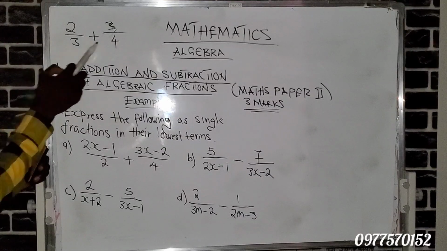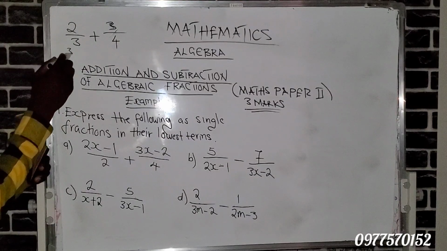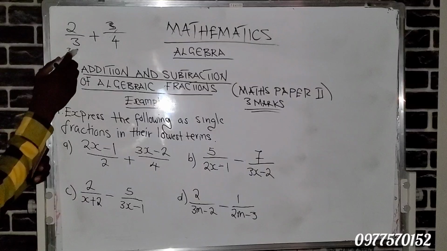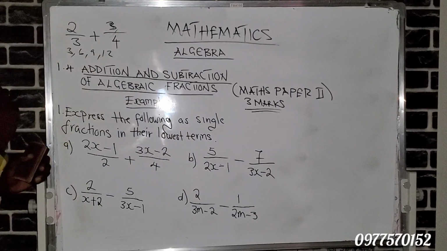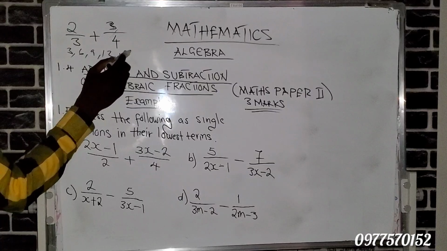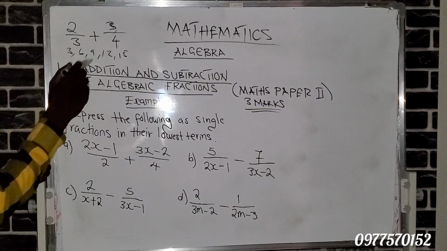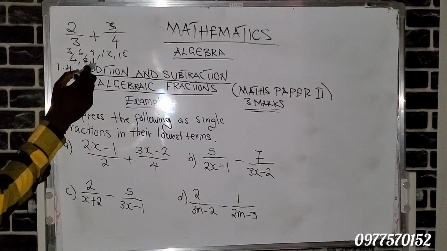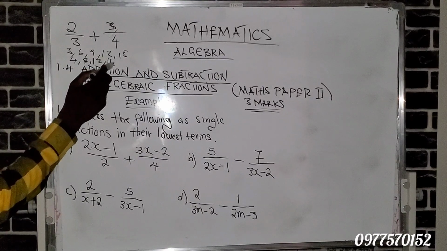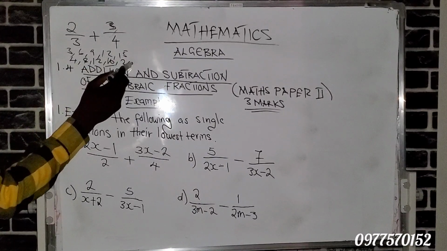So 3 can go into 3 itself, into 6, into 9, into 12, and also into 15. Now 4 can go into 4, into 8, into 12, into 16, and into 20.